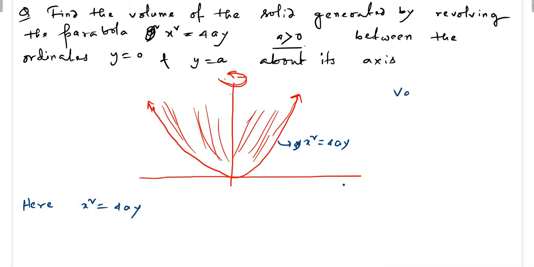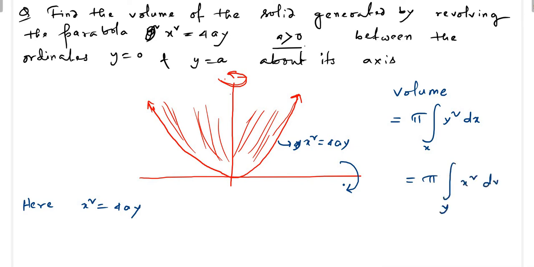Suppose volume will be pi integration, the range of x. If you rotate around the x-axis, it will be the range of x, and it is y square dx. That is the formula if you rotate around the x-axis, and if you rotate around the y-axis, it will be pi, the range is for y, and x square dy. Okay, now you can directly write the volume of this three-dimensional figure.